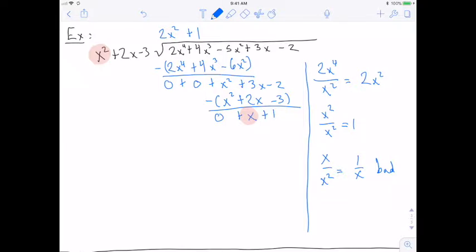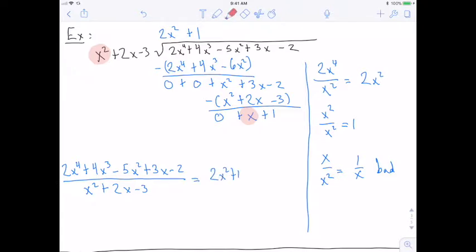So we can finish by writing 2x to the fourth plus 4x cubed minus 5x squared plus 3x minus 2 divided by x squared plus 2x minus 3 is equal to 2x squared plus 1. What's on top of the polynomial here? Plus x plus 1, our remainder down here, divided by the divisor.